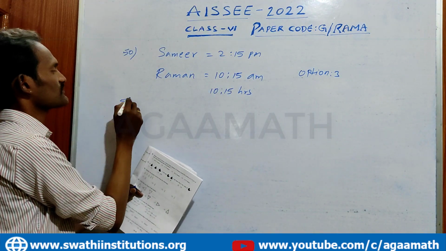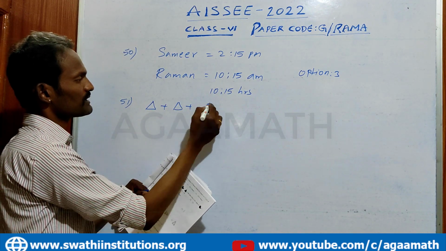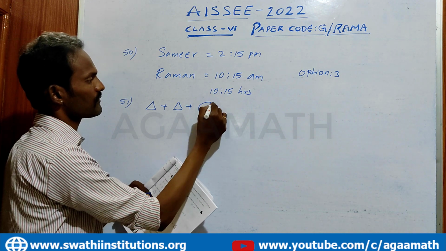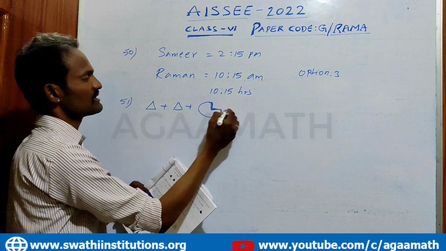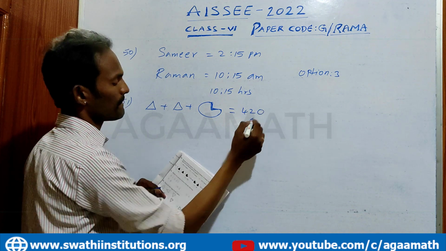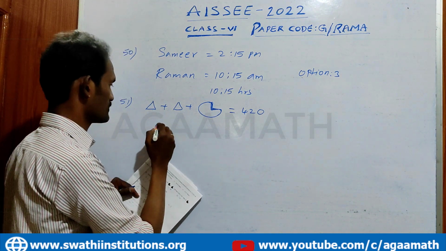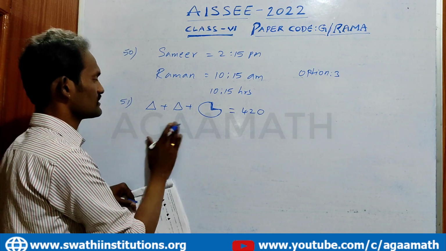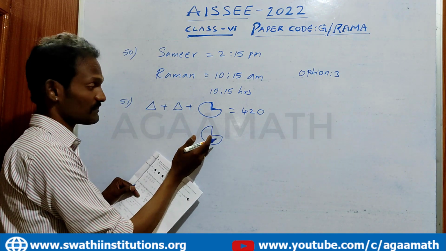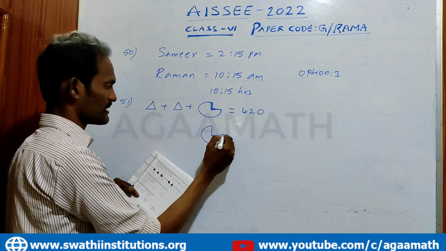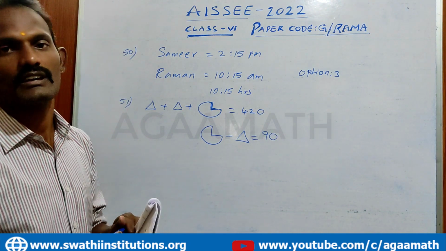Now let us come to question number 51. Given that 2 triangles plus 3/4 of a circle equals 420, and a triangle, a part of a circle minus a triangle equals 90.